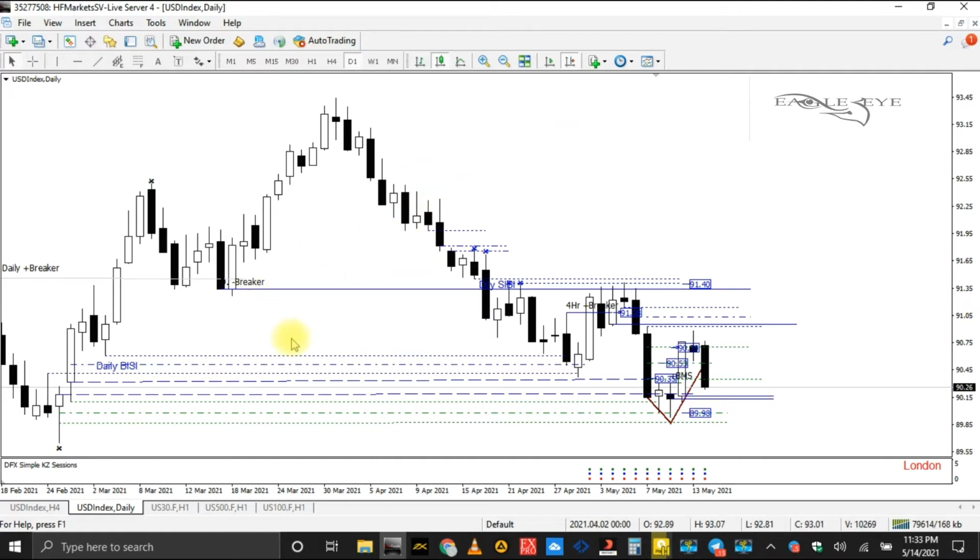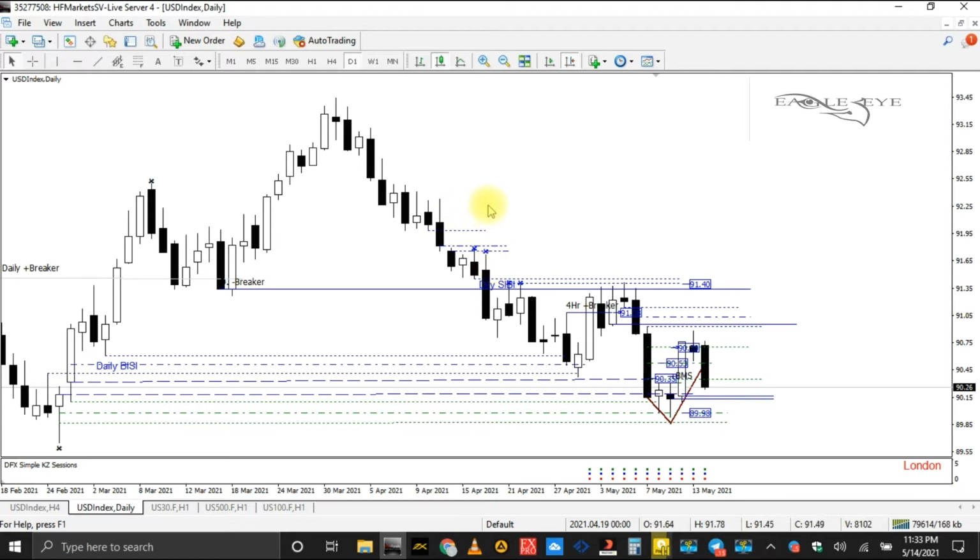I use red for my monthly levels, blue for my daily levels, black for my weekly levels, and green for my 4 hour, and then for 1 hour and below, 1 hour, 30 minutes, 15 minutes, I use lime.